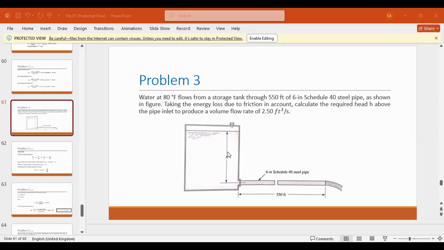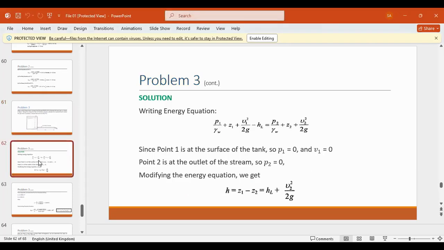Here you can see that we have the storage tank and the pipe is connected to it. The pipe is a 6-inch schedule 40 pipe and its length is 550 feet. We have the height of water as h. This is the Bernoulli equation.